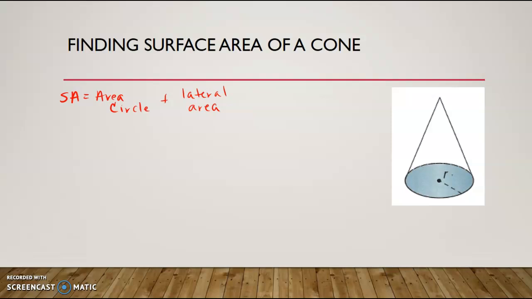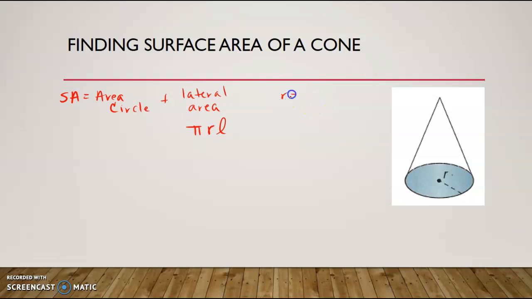But if you remember doing the pyramid, we were multiplying that by a fraction or dividing, however you want to think about it. Well, the lateral area in a pyramid, we divided by 1/2. Well, that takes out the 2 from our radius, and that probably got all confusing. So to find the lateral area, it's just going to be pi times our radius times our slant height.